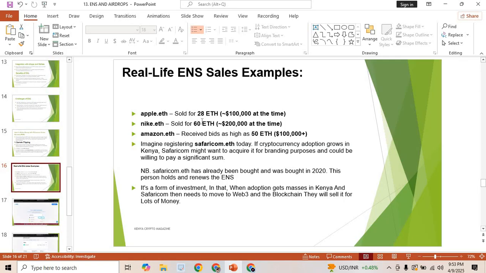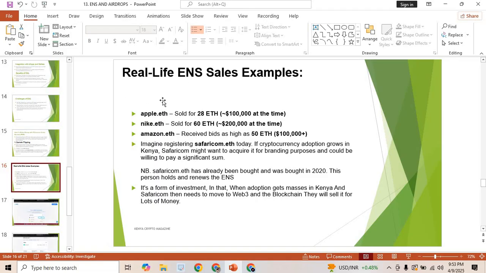At that time, 28 Ethereum were worth $100,000. If we convert this to Kenya shillings, and we assume that $1 is 100 bob, then it means this is around 10 million Kenya shillings. So someone just bought this apple.eth maybe for even less than $50, and they sold it for 10 million Kenya shillings.